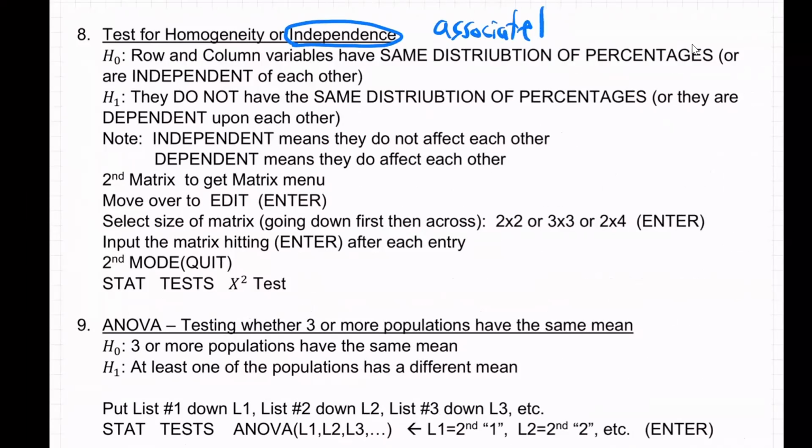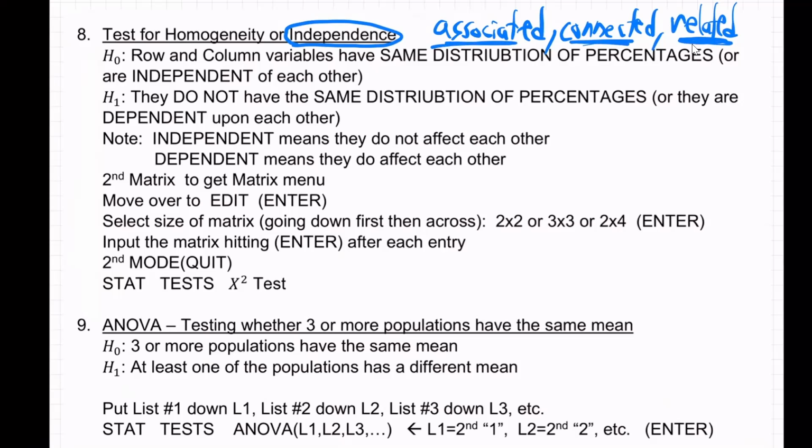If two things are associated or connected or related, that means they depend on each other, right? Like they say your dependents, those are your children, right? Or your spouse or your children are the people in a family, the people dependent upon you. Your relatives, people you're related to, you're connected to, you're associated with. That's a test for independence.